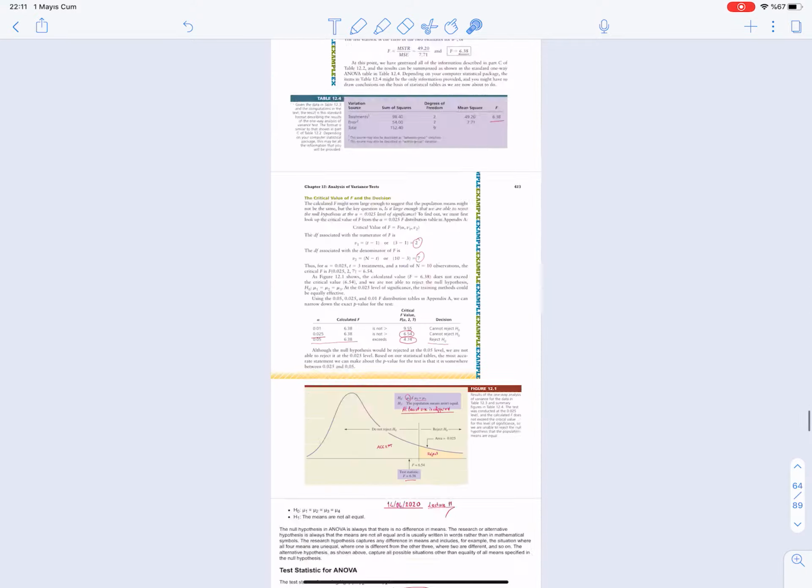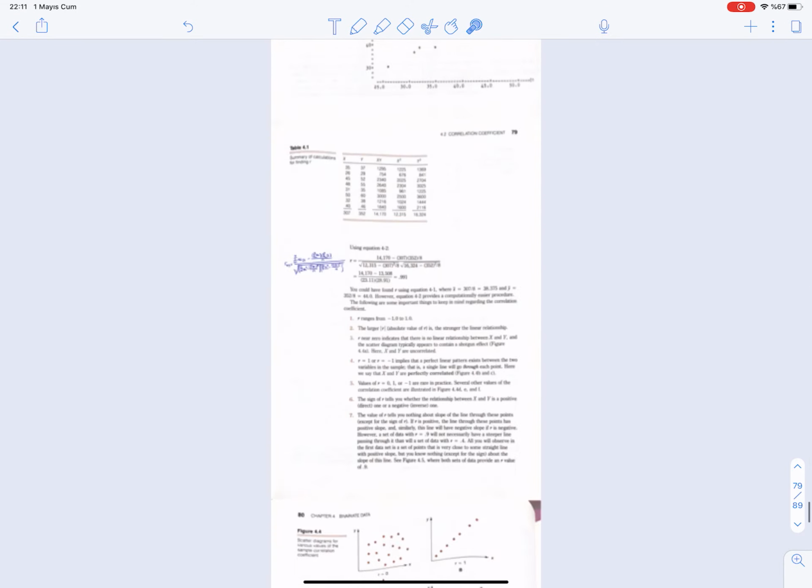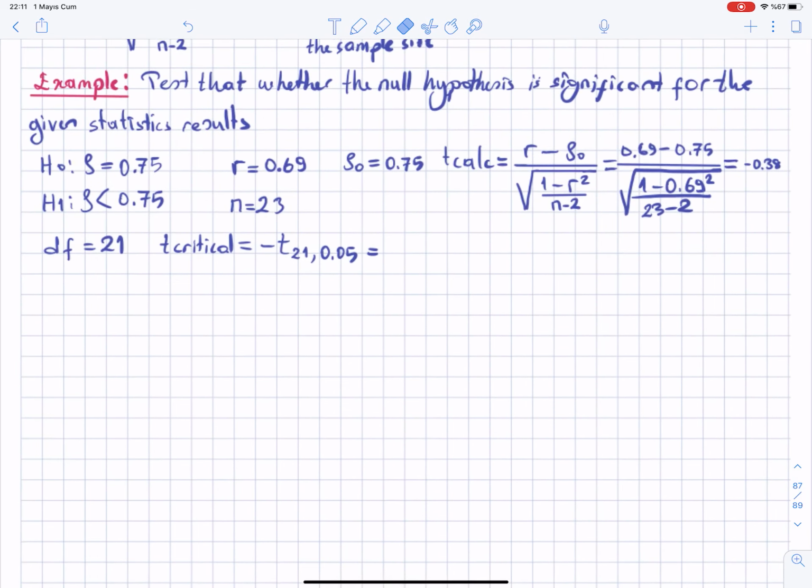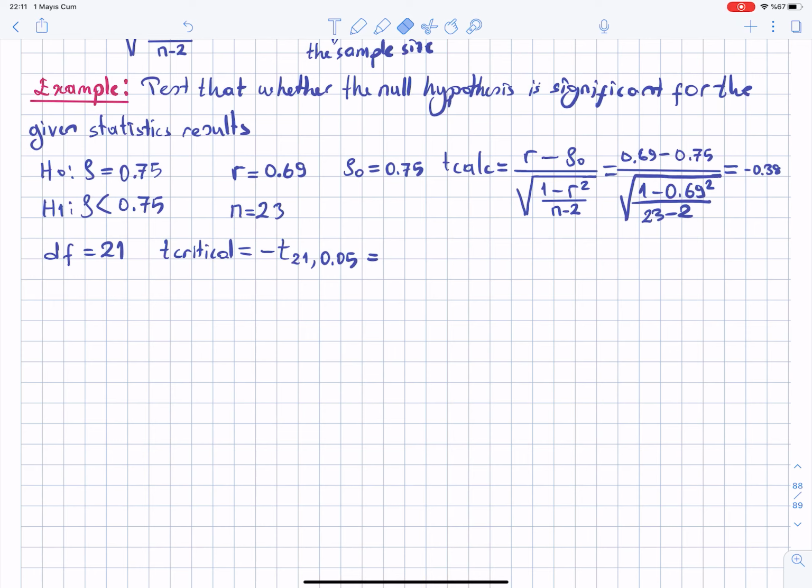I'm going back to my lecture notes to type this value in. So this is minus 1.721. That's the critical value. Now if you draw a picture of the critical region for the T statistic, I'm going to draw it right here.